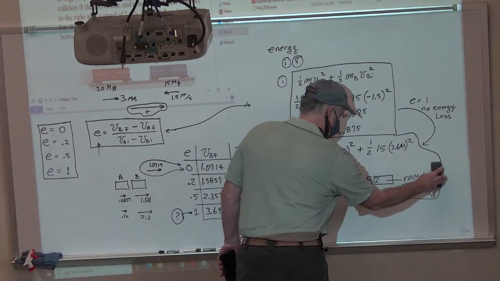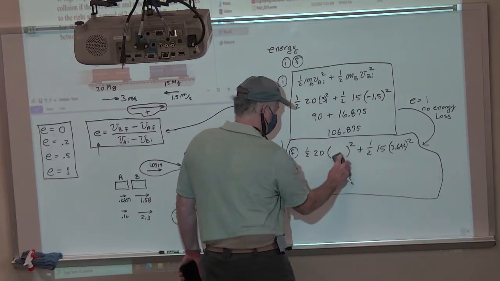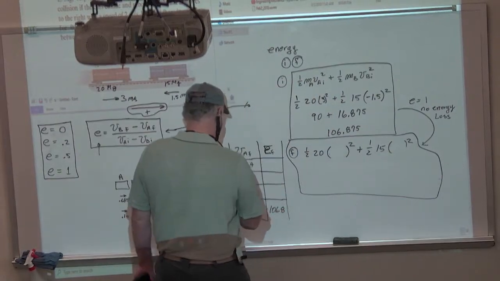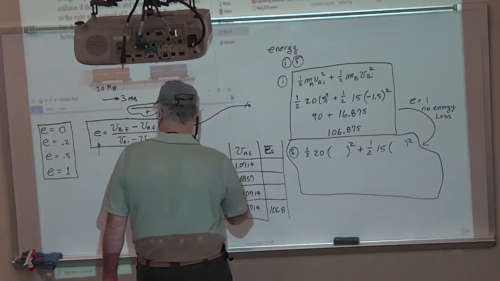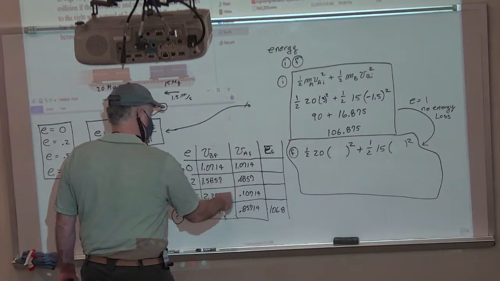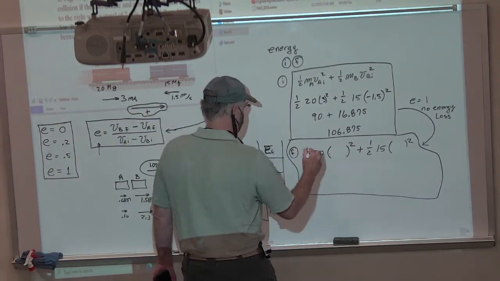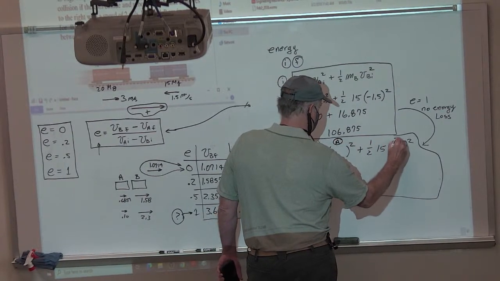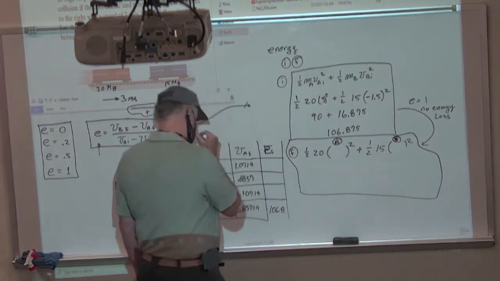So let's look at the second one. Okay, let me try to keep up with this. This is A, and this is B. This will help me get through this.